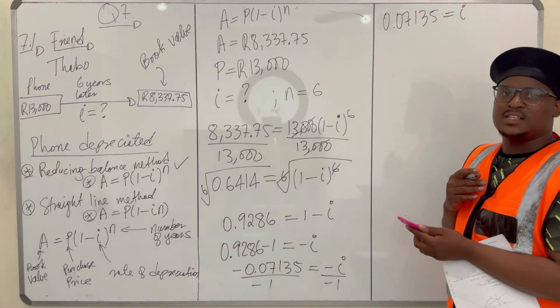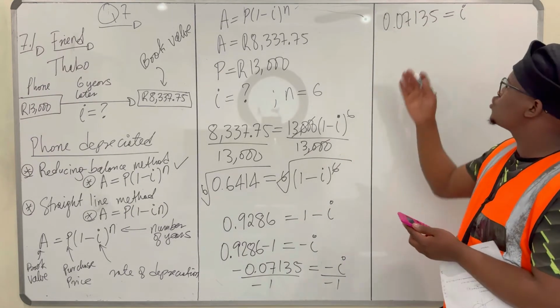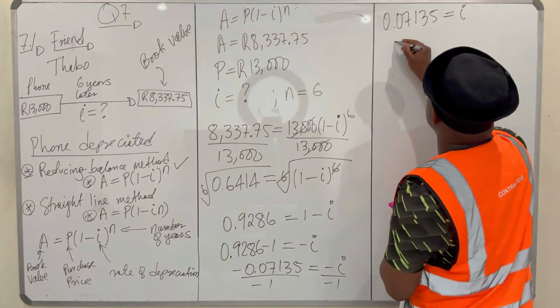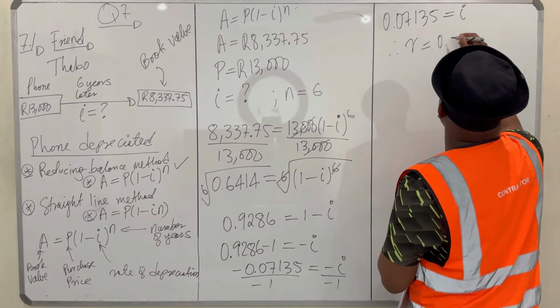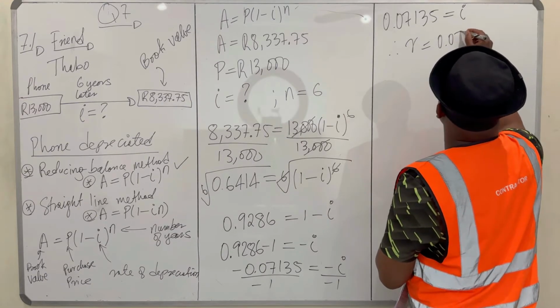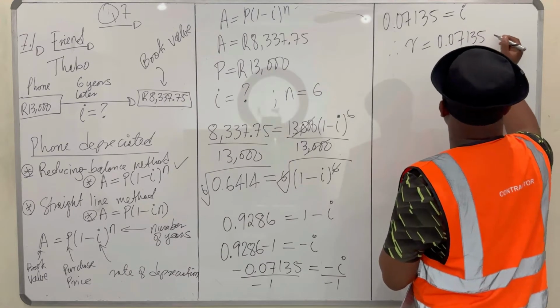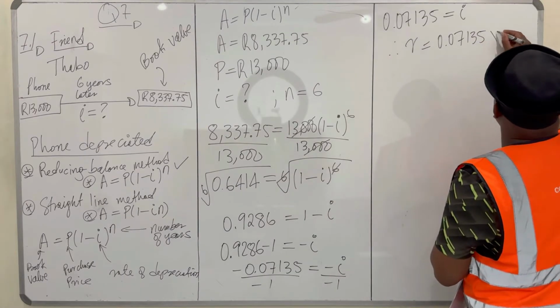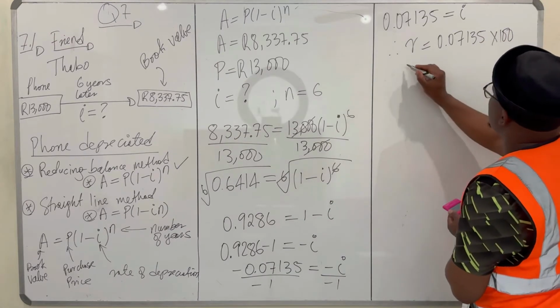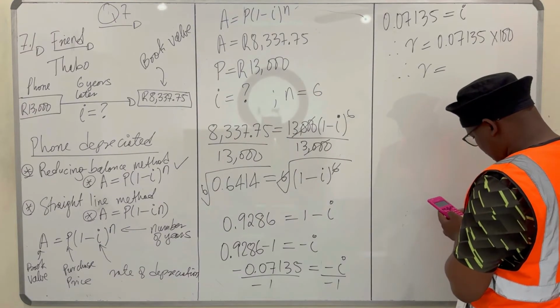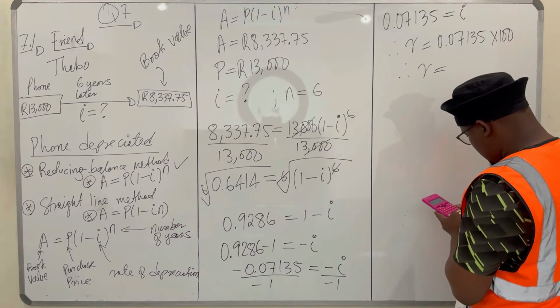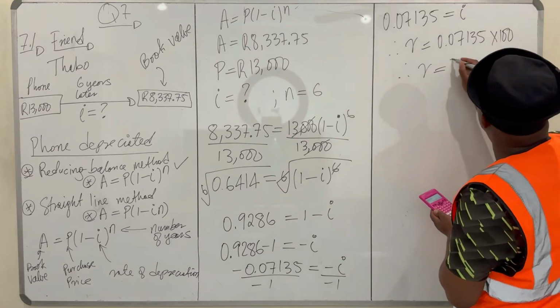But you want the rate of depreciation, so you multiply this by 100. Therefore, your rate is equal to 0.07135 times 100. Therefore, your R is equal to the answer to that, which is 7.14%.